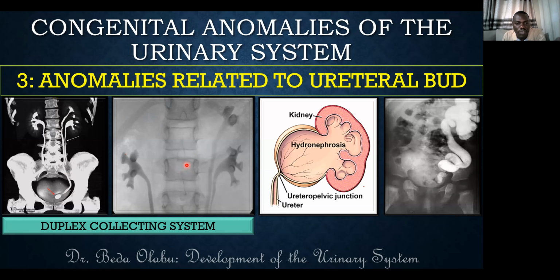So this is the same patient, by the way. The first one and the second image are the same patient. When you have a duplex collecting system, one of the ureters may end up with a ureterocele down there, which can cause urinary obstruction. Okay.